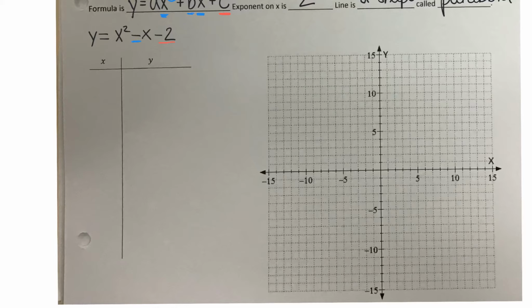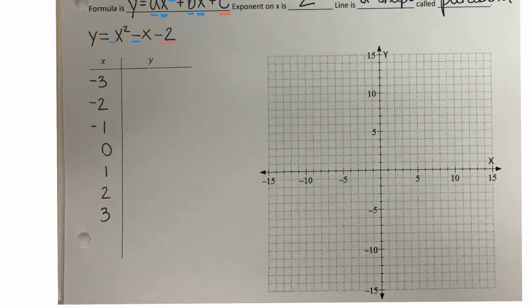It's a -1, and what number is in front of my x squared for a? Also a 1. That doesn't matter right now for what we're doing, but those are those numbers. Okay, I'm going to again pick -3, -2, -1, 0, 1, 2, and 3.